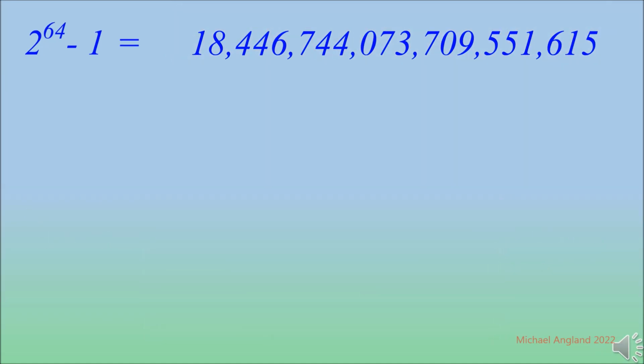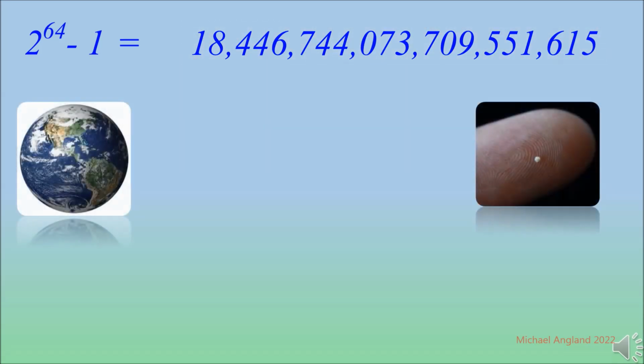To visualize how big this number is, take a look at these two pictures. On the left, we see a picture of the Earth. If we consider the equator of the Earth, which those red arrows indicate, the equator is approximately 40,000 kilometers. On the right, we see an image of a grain of sand on a fingertip.